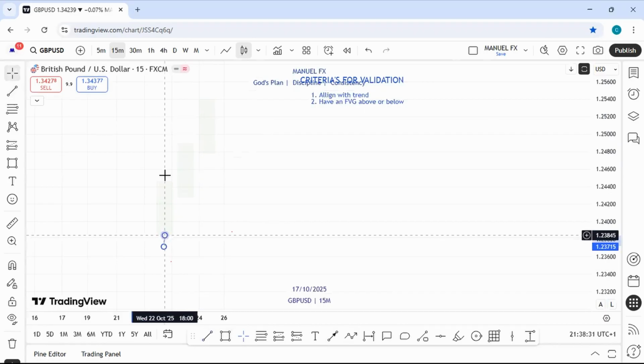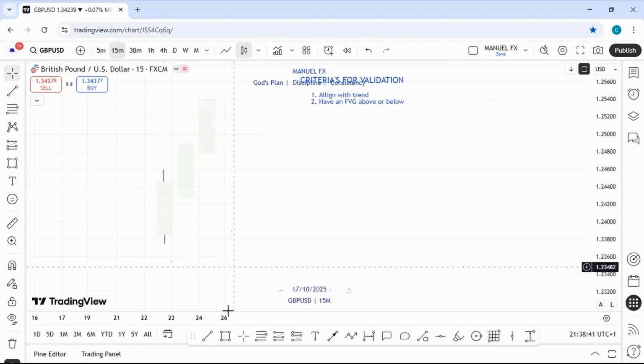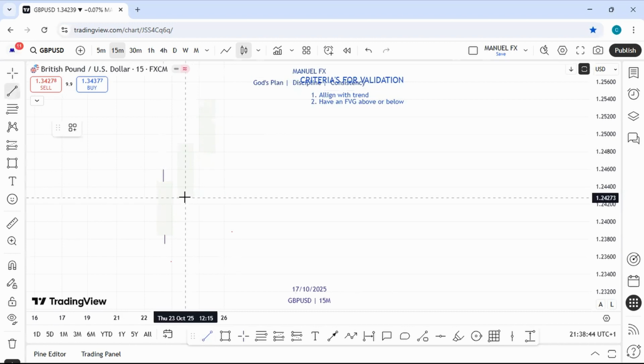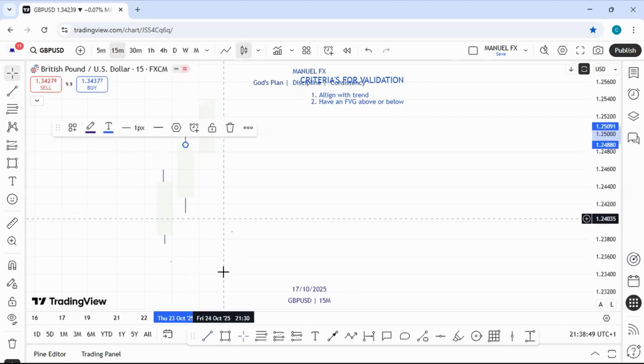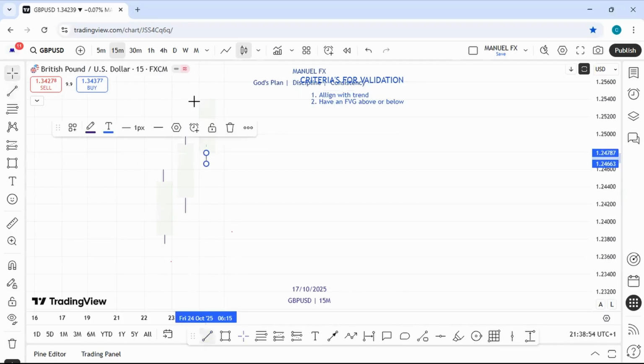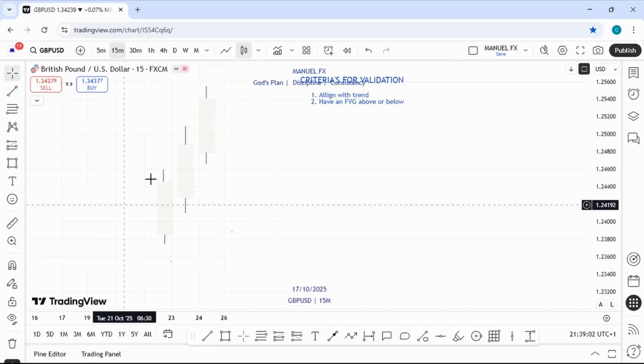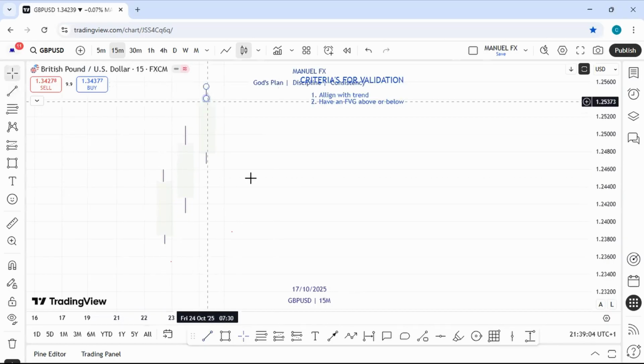This is the space between the first candle and the third candle. That's called a fair value gap. Fair value gap is the space between the first candle and the third candle. This is the first candle, this is the second candle, this is the third candle.